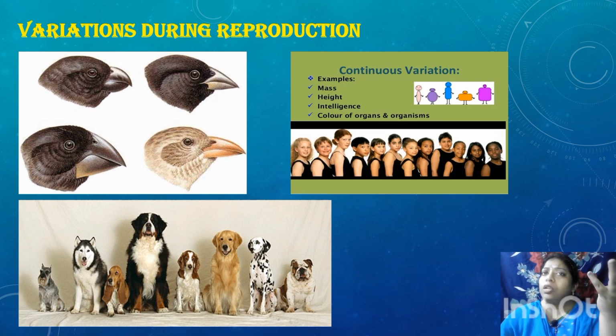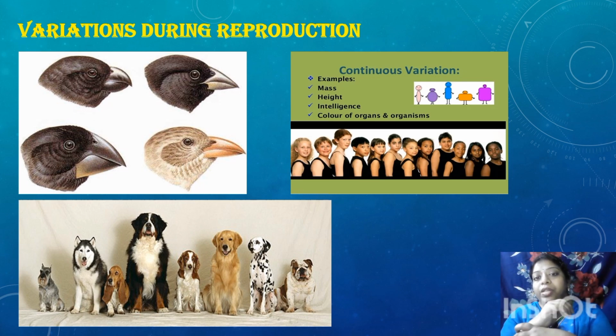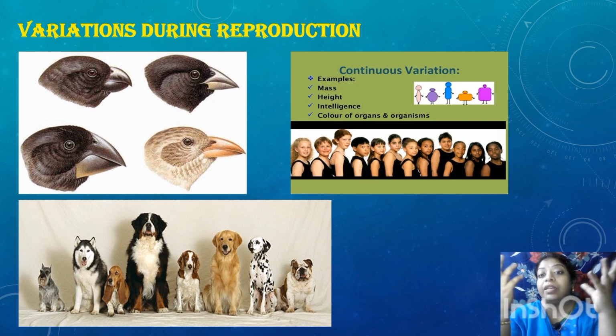There is quite a lot of variation seen in the bird itself. When you take the second picture, the human trait, there you can see a mass differentiation, especially in height, in color, in intelligence, in height, in weight. Everything is a variation seen.